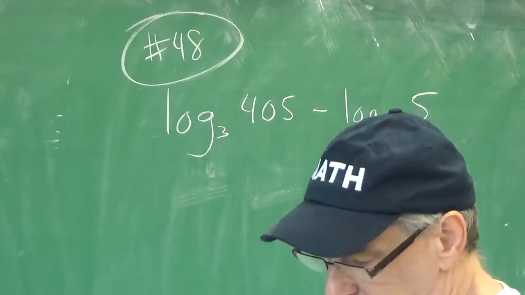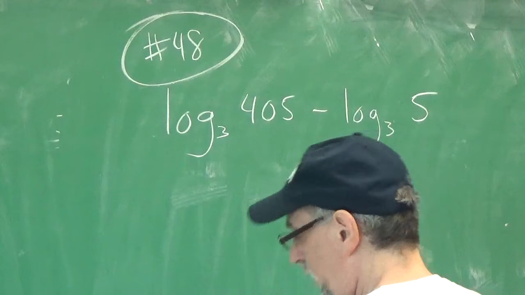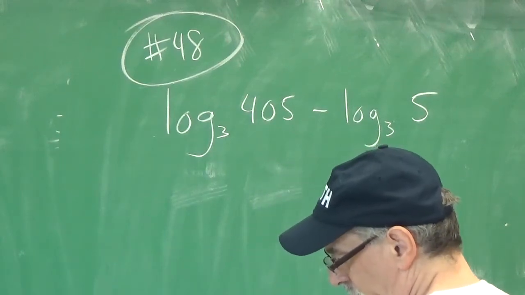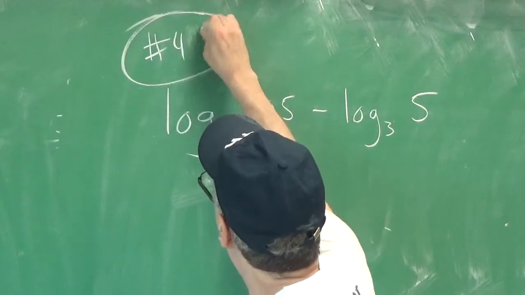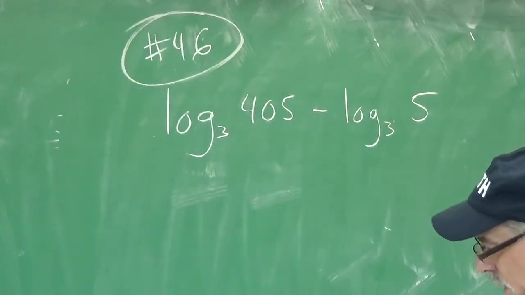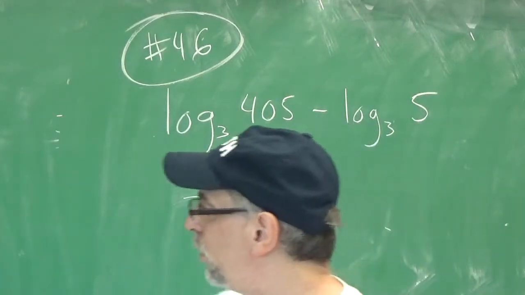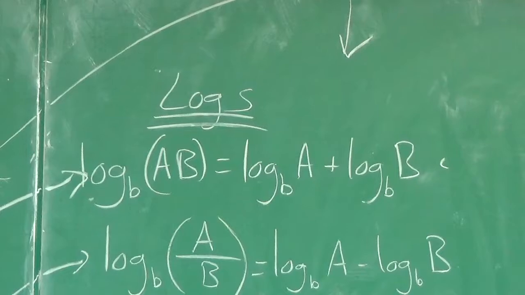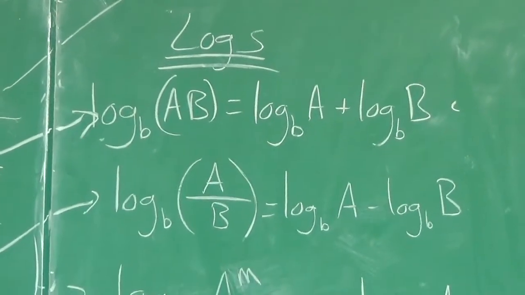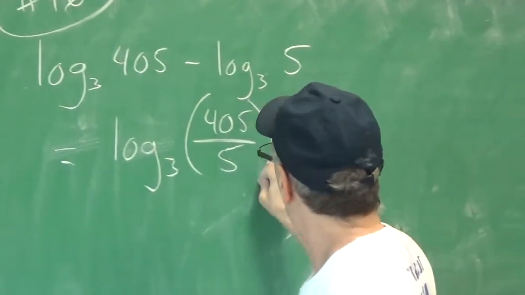Nope, sorry, it's not 48. Which one was that? I guess we could just do that one. Where did I get that? That's 46. Let's do 46. Log base 3 of 405 minus log base 3 of 5. All right, so here we have a difference. So we're looking at this case here, and we're going to go back to here. This one looks too easy, right? So we're just going to get 405 over 5.